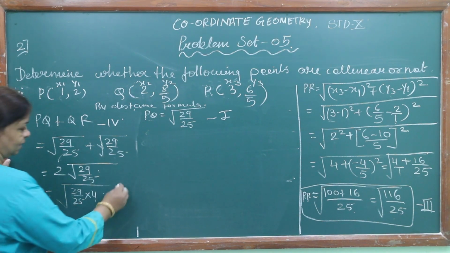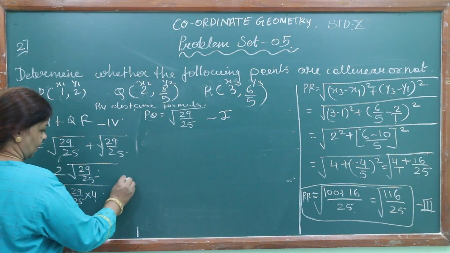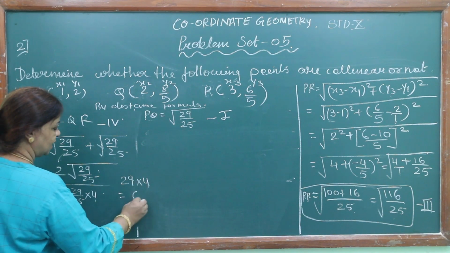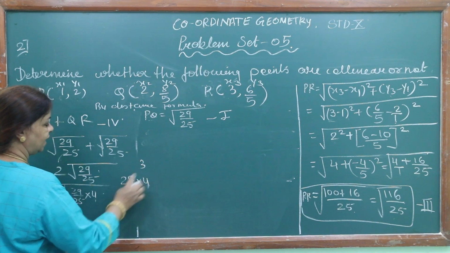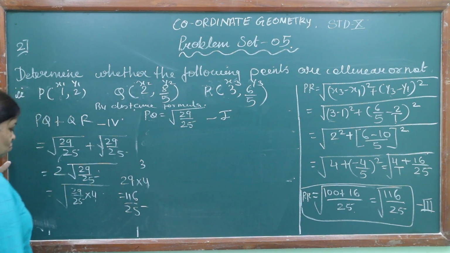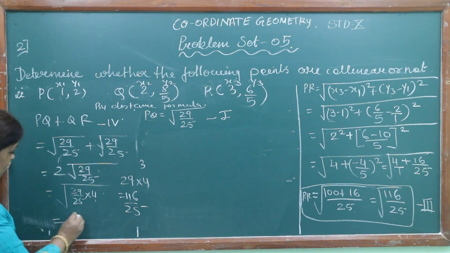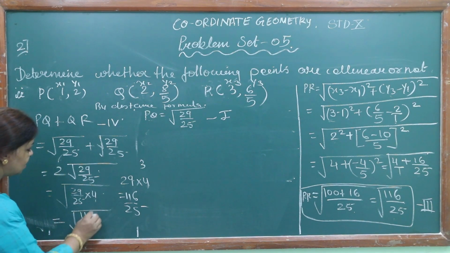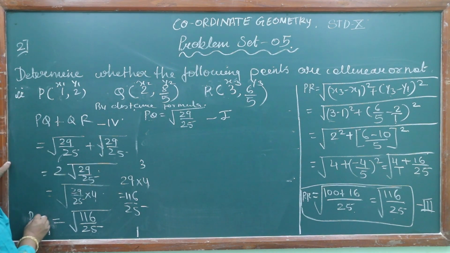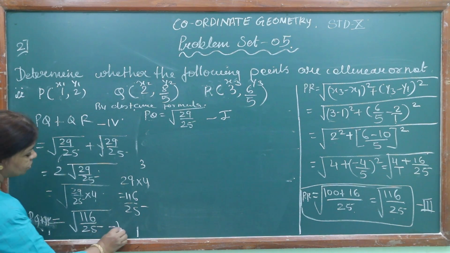Let us multiply: 29 into 4, 4 9s are 36, 4 2s are 8, 9, 10, 11, 116 upon 25. So we got under the root 116 upon 25. This is PQ plus QR, the fourth statement.